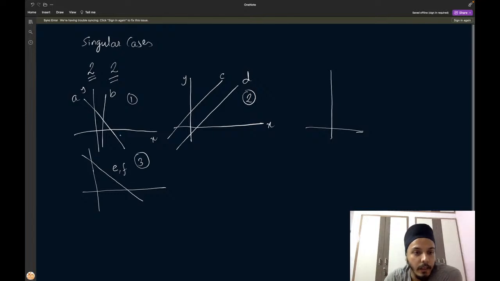Now in our first case, these two lines intersect at one point. In our second case, the two lines are parallel and do not intersect at any point. In our third case, these two lines intersect at infinitely many points, so they overlap.